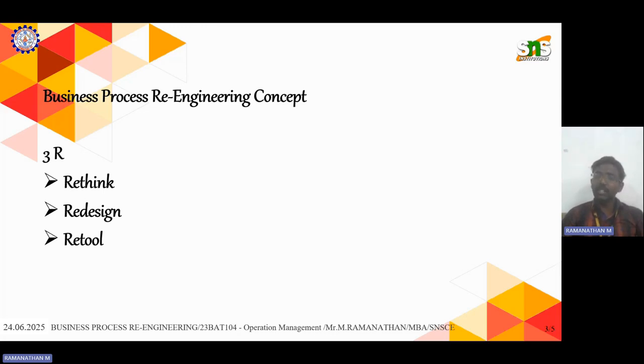So redesigning the new process or the product can also be done. That is one of the concepts of business process engineering. And redo is most important: how we are making it done, whether it is product development, how we are going to use it, or if it is process development, what the tools are and how we are going to make it. Retool is also more important, right?